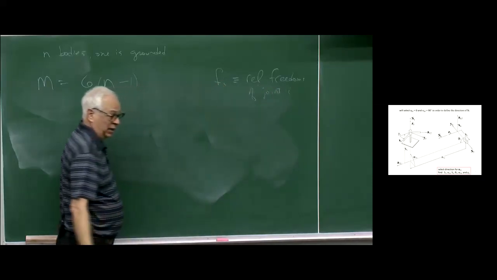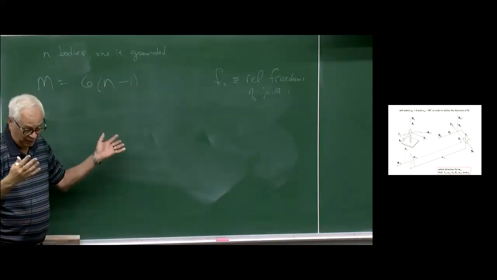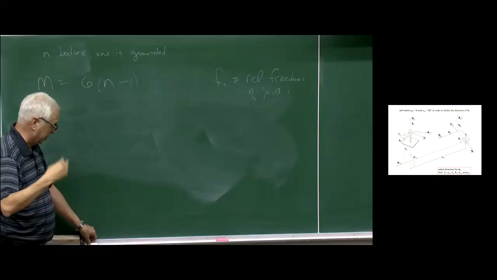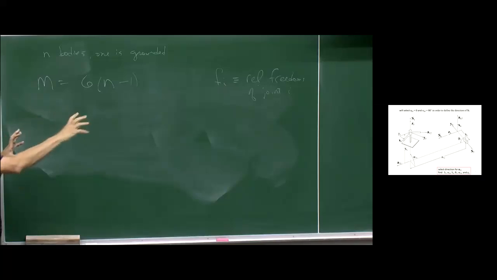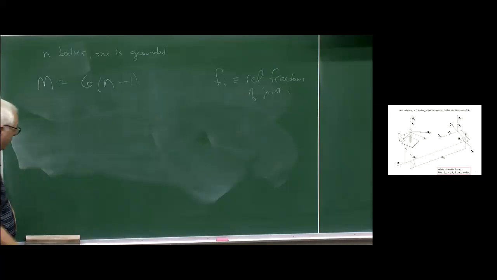F sub i is going to be a 1 or a 2, basically, because it's either a revolute, a prismatic, or a cylindric is how we're going to model things. When I take two bodies, before they're connected, I had 6 freedoms. Say I connect it with a revolute joint. I needed 6 to get this body, but now I just need 1 because it's the only freedom that it has. So what that joint did is it took away 6 minus F sub i.